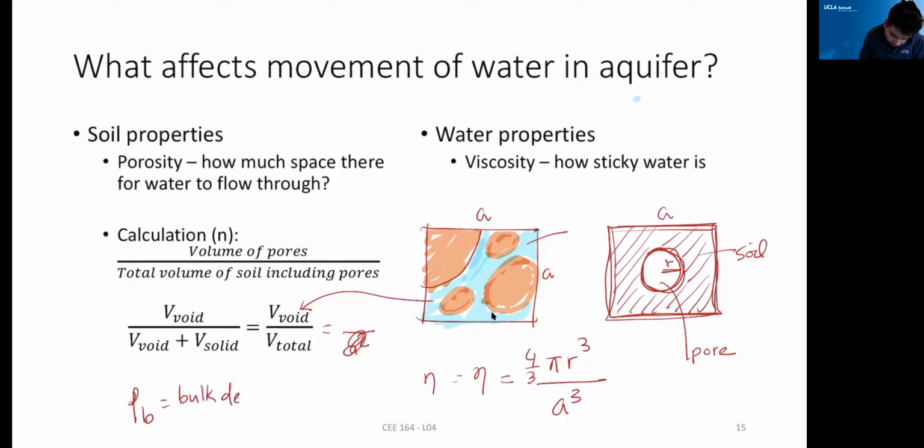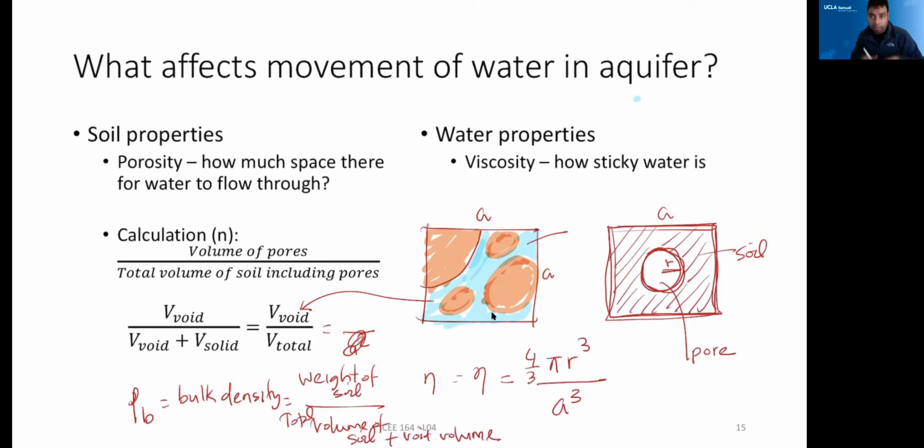Bulk density is the weight of the soil inside that volume divided by the total volume of soil, including the void volume. So for the weight of soil, you know the density of soil, and then you multiply it by the volume of soil inside, and then you can get the weight of the soil. So this is just the concept of how you can calculate all that if you have to.